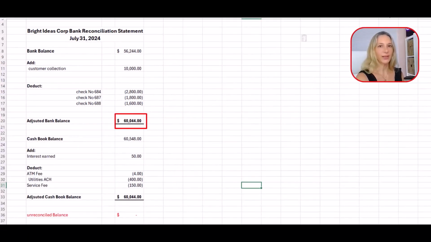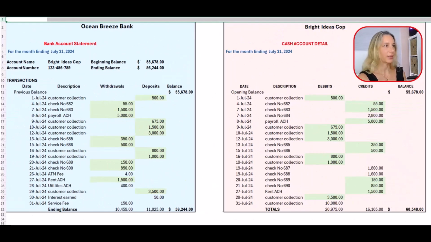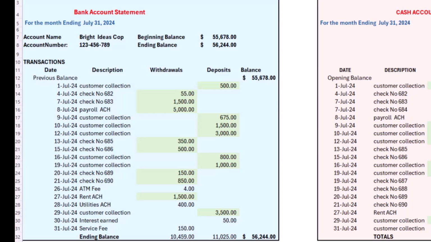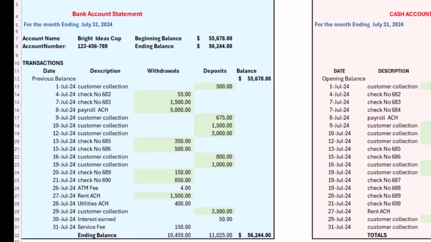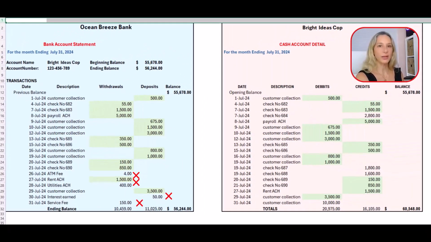And now we're ready to move on to step 4. We identify the differences in the cash account. So by taking a look at the items in our bank statement that have not been highlighted, these are amounts that appear in the bank but not in the cash account. So we go back to our template and proceed to step 4, which is identify the differences in the cash account. Again, a very easy step, as we have already marked the transactions in the bank that are not in our accounting record.